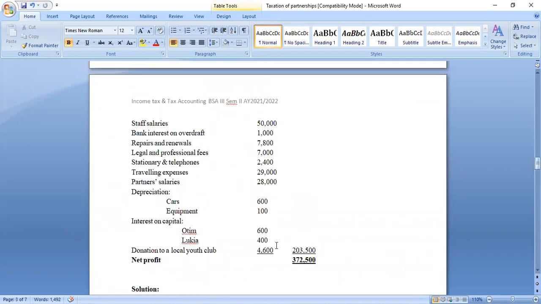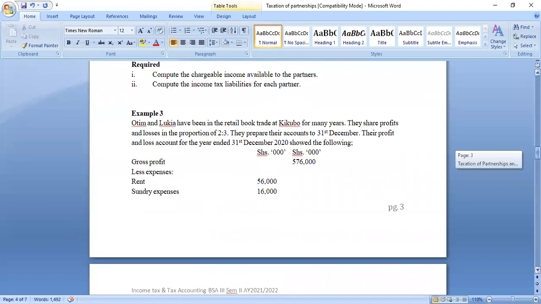Have interest on capital. Let me add that part. Interest on drawings. Actually, it's always on the income side. It's not even in expenses. It should be here.